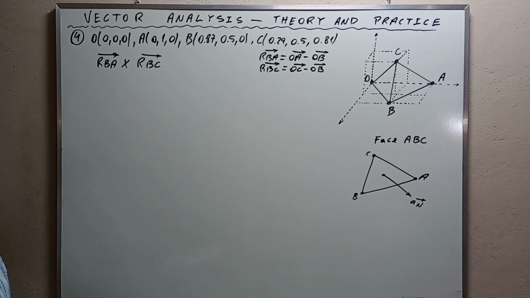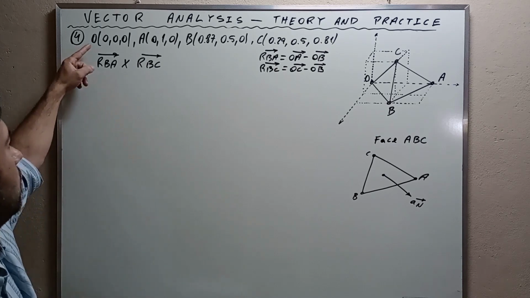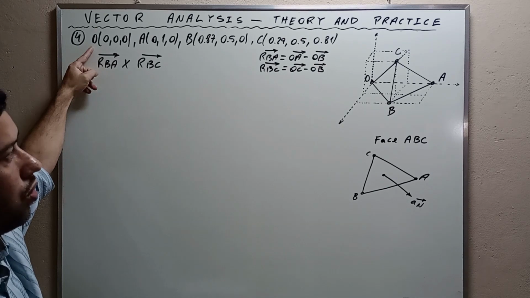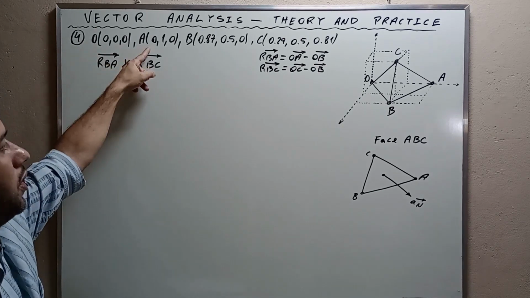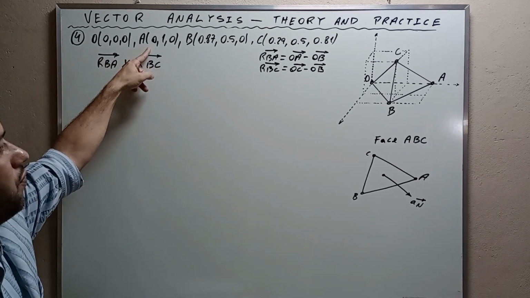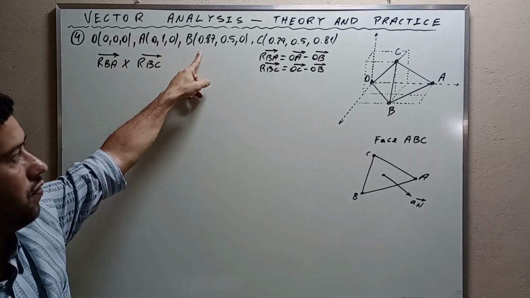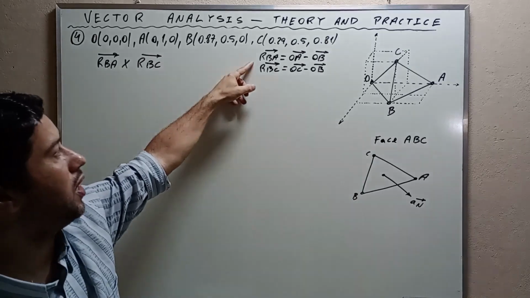I am going to let you try simply to locate vector OA from the origin to A, locate vector OB from the origin to B, and you're going to find a vector, and this vector is RBA.